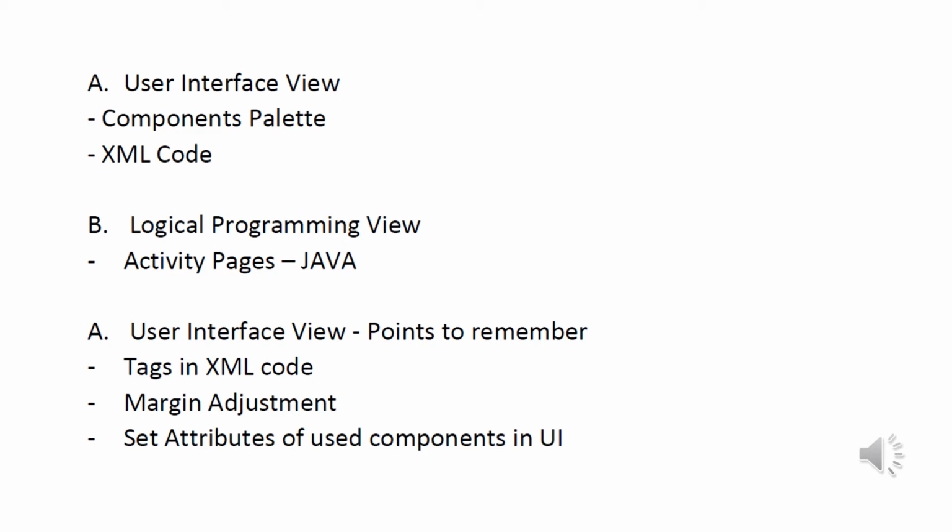And also within app hierarchy we already seen what is apps, what is resource folder and so on. And recently we have seen API environment, which includes two major files. Okay, first file is related to your user interface and another file is related to your logical programming view.